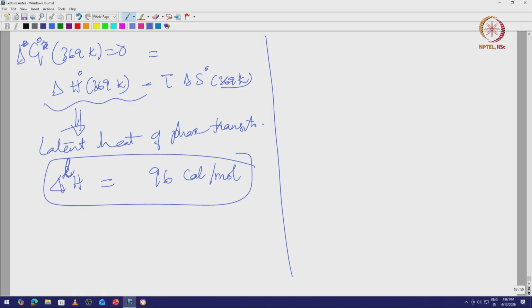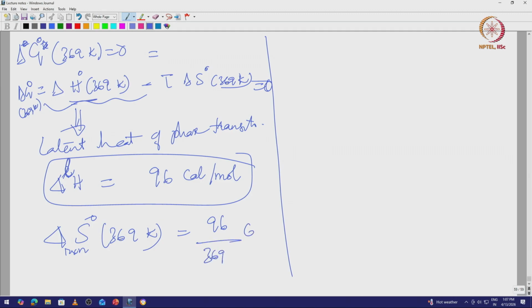In that case I know the delta S naught of the reaction at 369 Kelvin. This is equal to 0, this is delta G naught at 369 Kelvin. As a result, delta H naught is a value that I know. So, delta S naught is nothing but 96 by 369 calorie per mole per Kelvin.